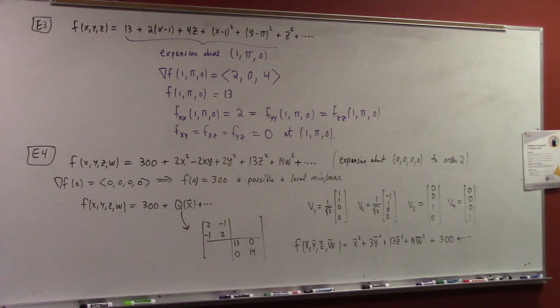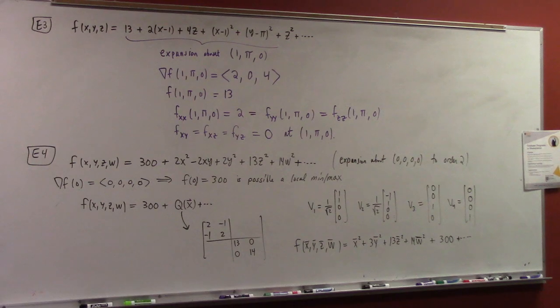Yeah, if we had f of x, y with fx of a, b equal to fy of a, b equal to 0, and the second derivatives fxx, fxy, and fyy also exist at a, b.